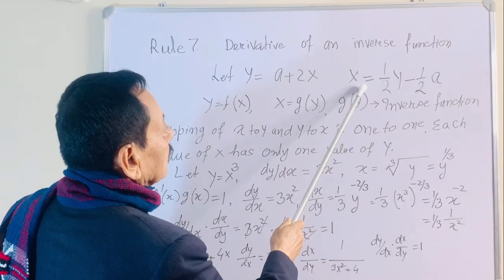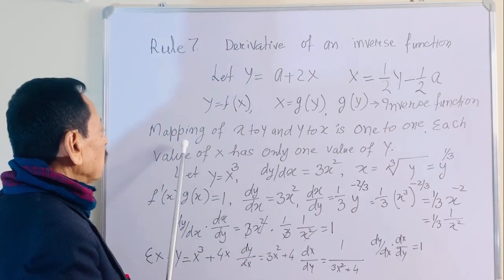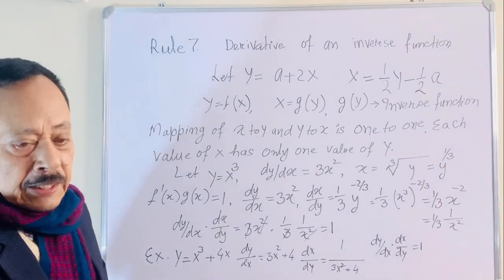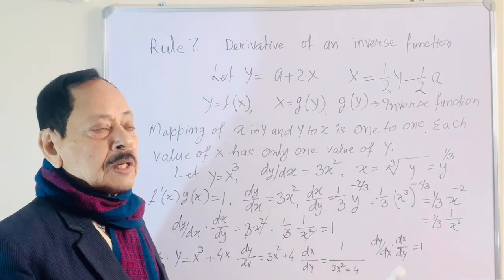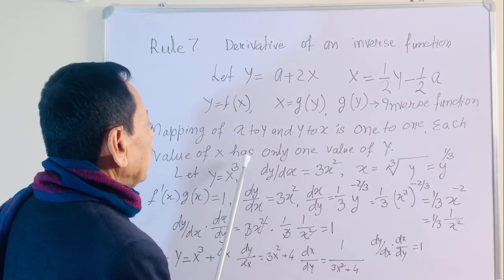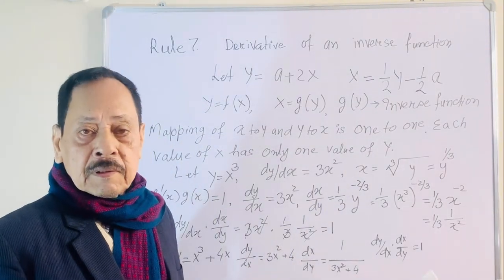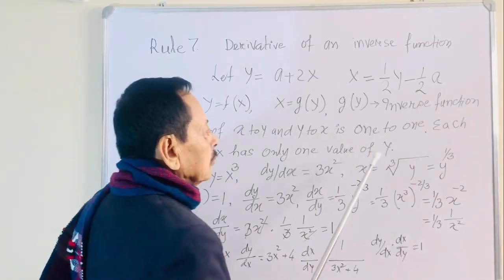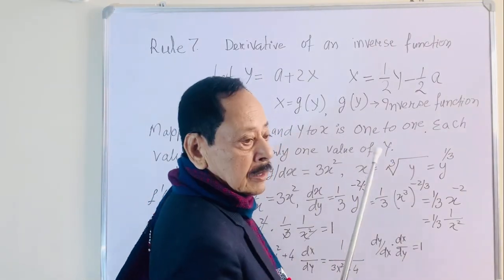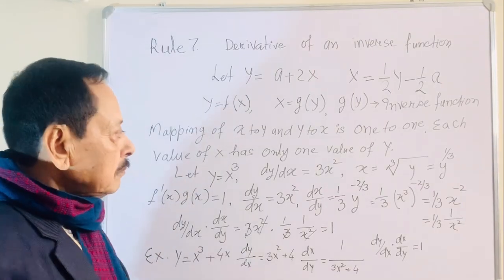This will be the value of x. So the main characteristic of an inverse function is that the mapping of x to y and y to x is 1 to 1. So there will be no two values of y for one value of x.